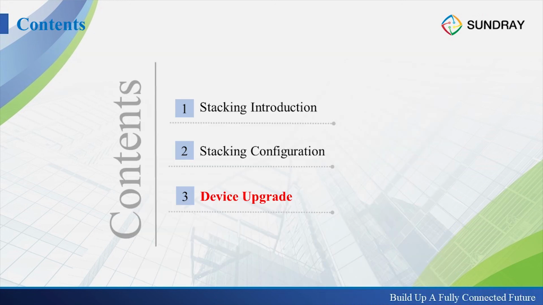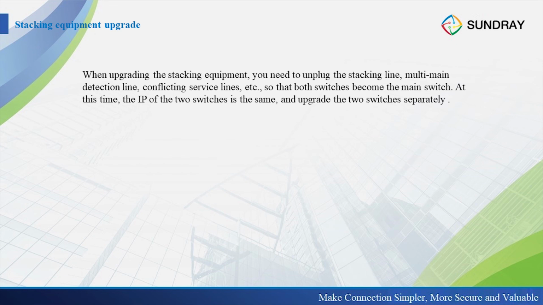For stacking, how do we upgrade the devices? When updating the stacking equipment, you need to unplug the stacking line first, and then unplug the multi-active detection line and the service line, and then you upgrade.